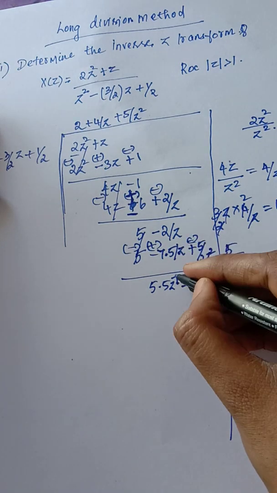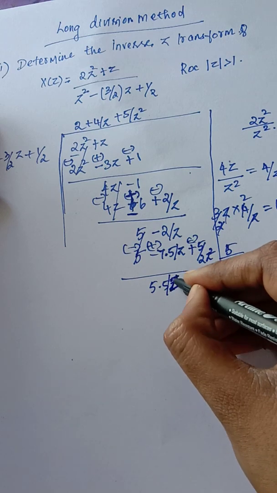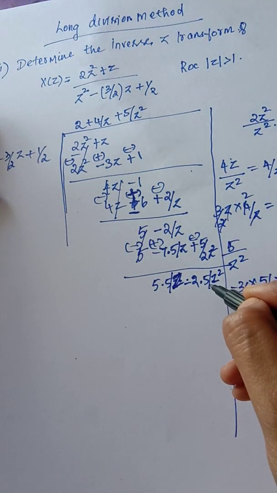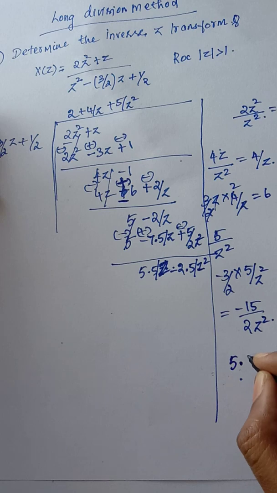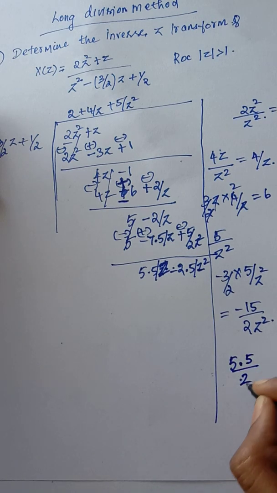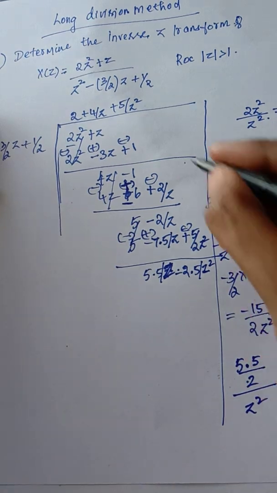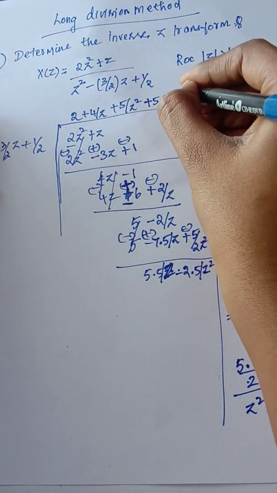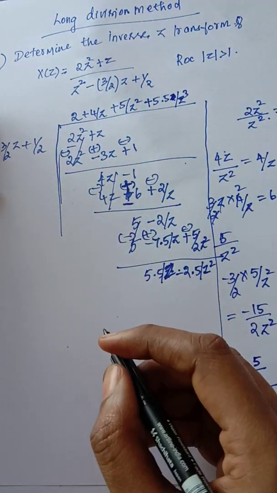Here I will write it in terms of z alone: 5.5 divided by z minus 2.5 divided by z square. The next one is minus 5.5 divided by z divided by z square, so what you will get is plus 5.5 divided by z cube.